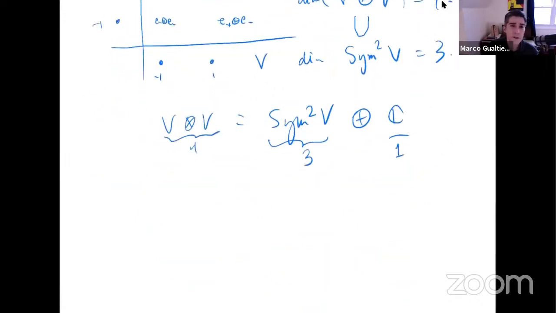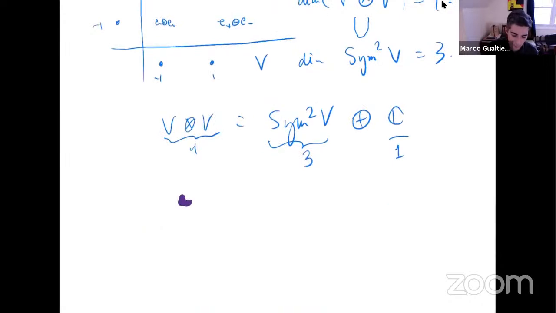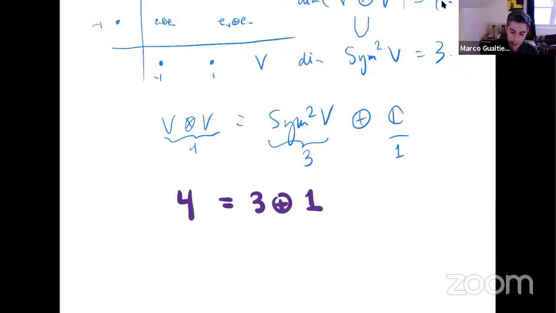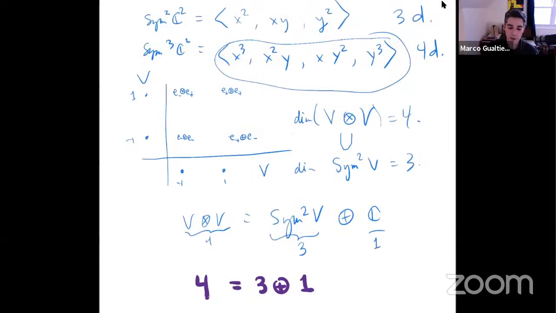And the way physicists write this is that they use bold letters. It's a terrible notation. They write 4 is equal to 3 plus 1. By this they mean that the unique 4-dimensional representation of SU2 is a decomposition of the unique 3-dimensional one and the unique 1-dimensional one.